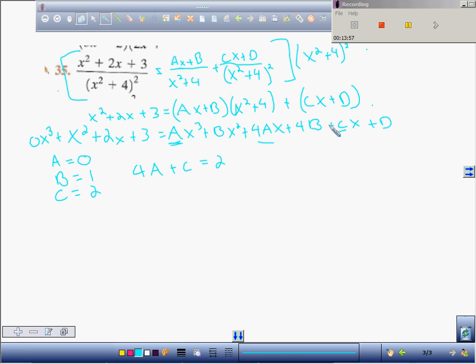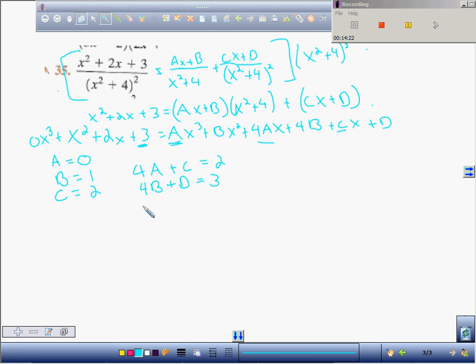And d and 4b are the constant terms, because there's no x after them. So you also know that 4b plus d has to add up to this constant term over here, which is 3.